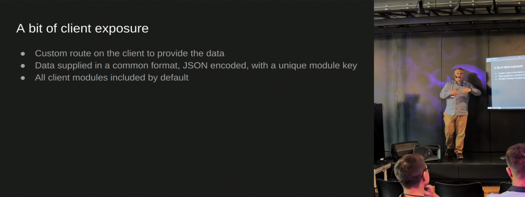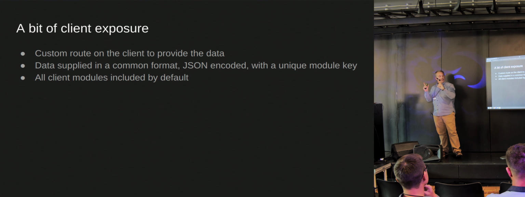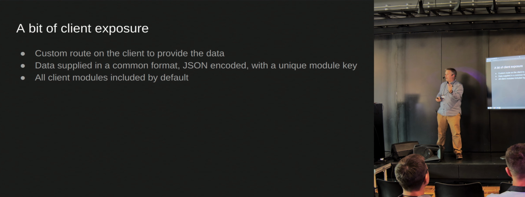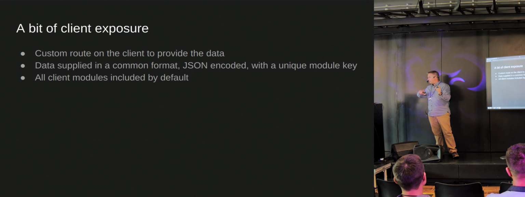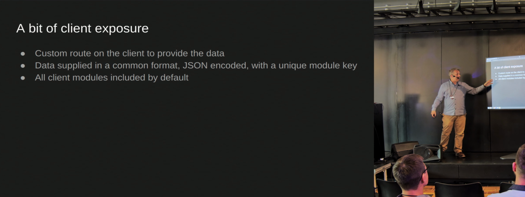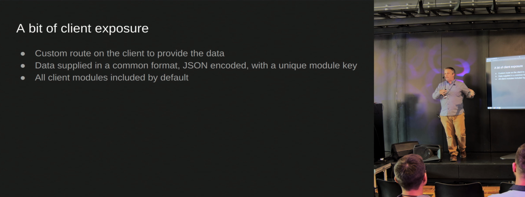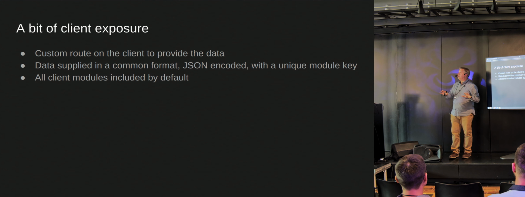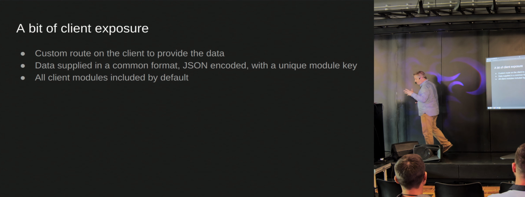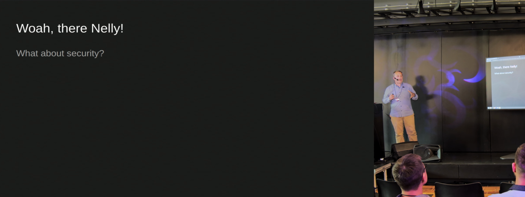The data is all supplied in a common format, so it's just a JSON encoded array with the ID of the module, be it the core packages or the all packages module, and then the data that it wants to send. And all the client modules that implement this interface are included by default. So everything has a common pattern and everything works really nicely.